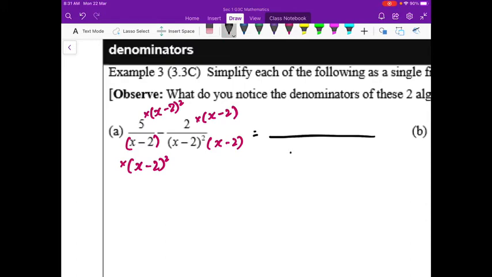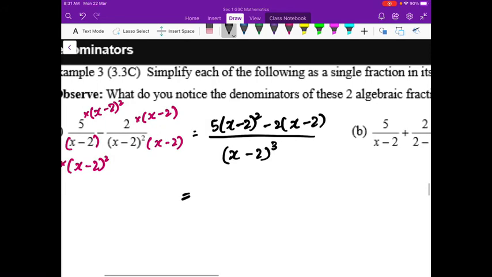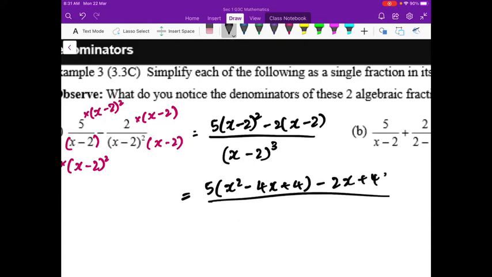New denominator, x minus 2 to the power 3. In the numerator, 5 times x minus 2 squared, minus 2 times x minus 2. And then you're going to continue to expand: 5 times x squared minus 4x plus 4, minus 2x plus 4, divided by x minus 2 to the power 3.